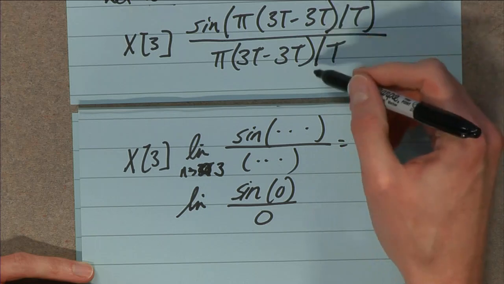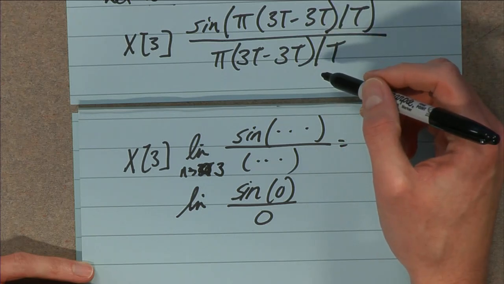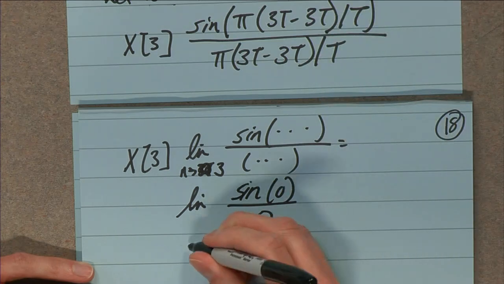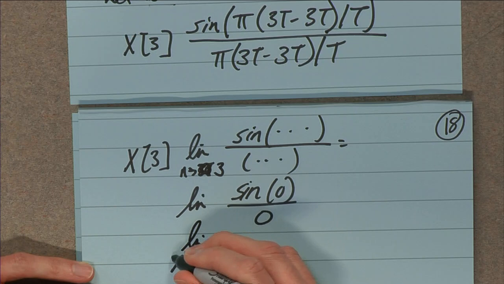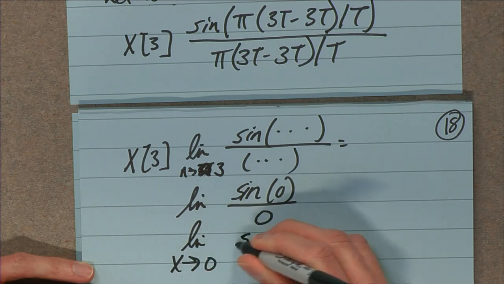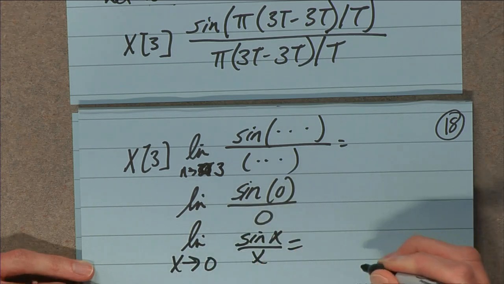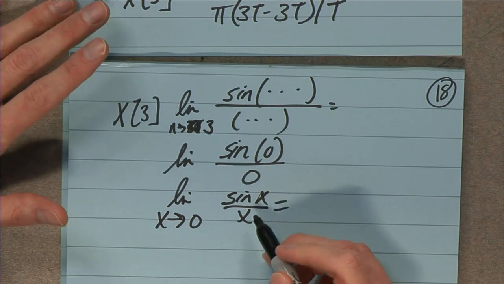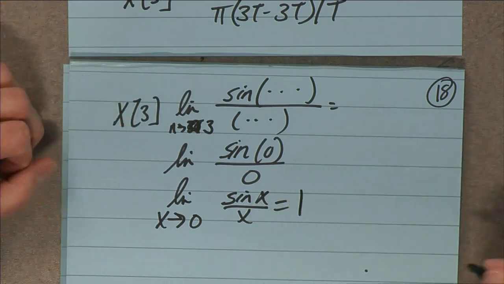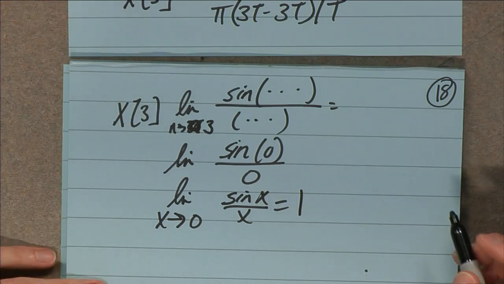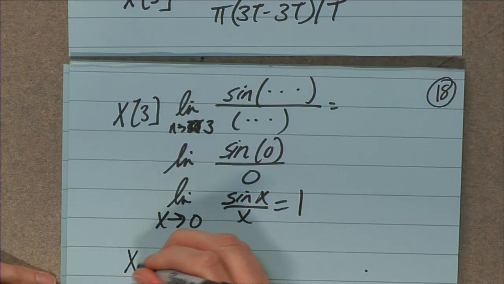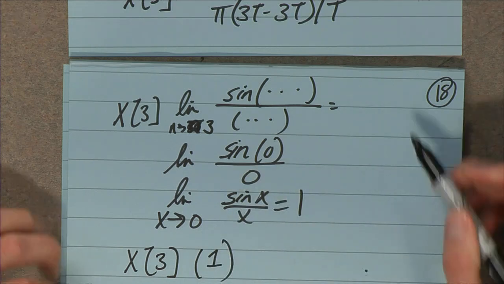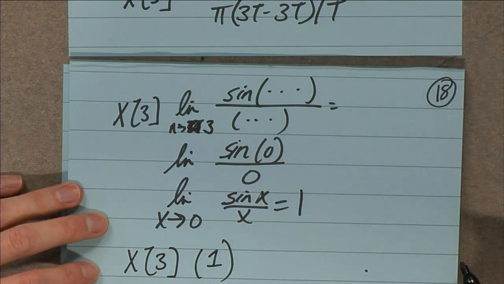But as n approaches 3 and the numerator and denominator approach 0, you've probably seen the limit as, we'll make up a dummy variable, x approaches 0 of sine x over x. You know how to handle that, right? Take the derivative. Derivative of sine is cosine, derivative of x is 1, so it's going to be 1. And in the same manner, we end up saying this limit, or this expression, is also 1.